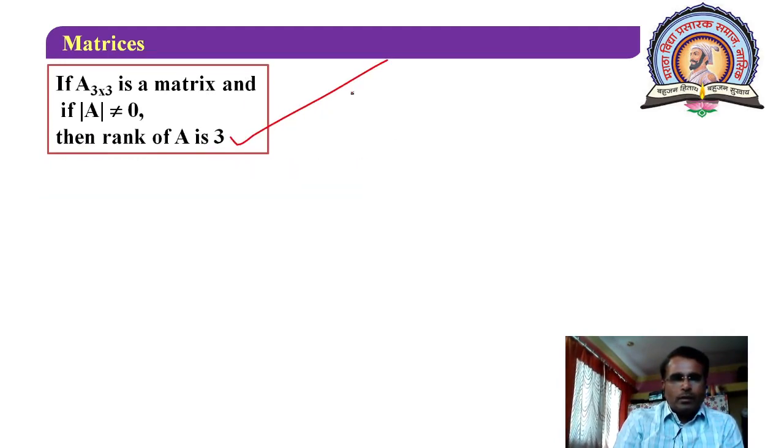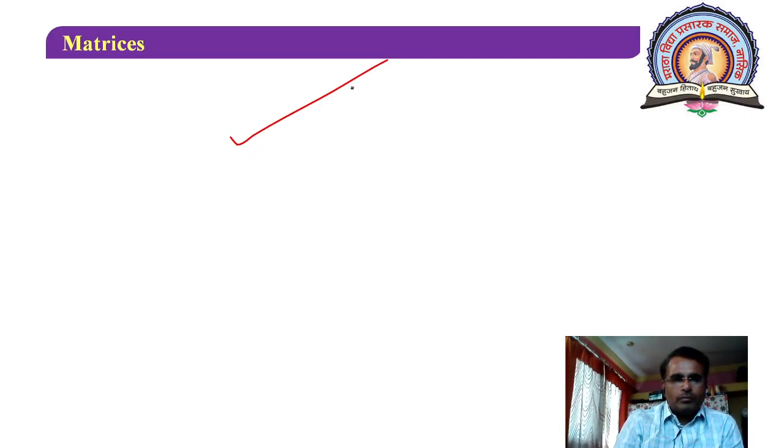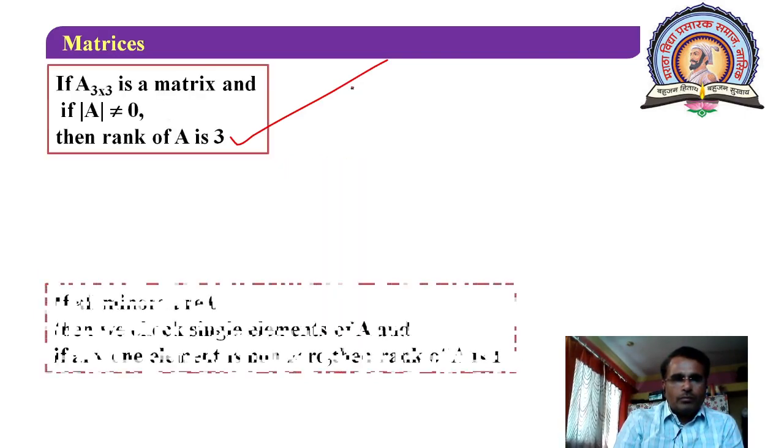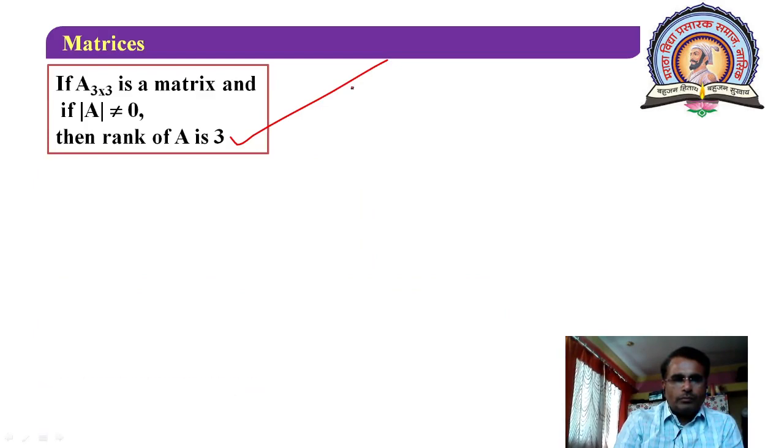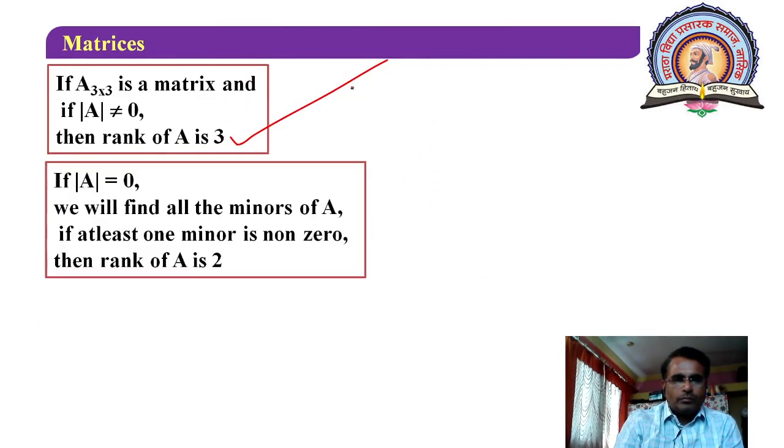The second thing that we can consider, if determinant of A is equal to 0, we will find all the minors. If at least one minor is non-zero, then the rank is 2.